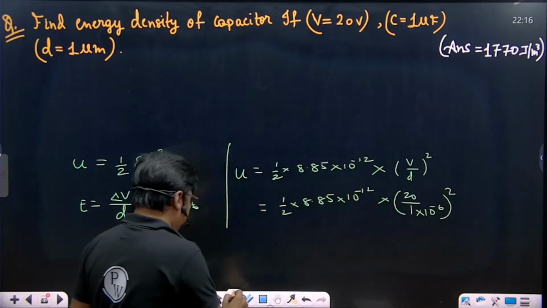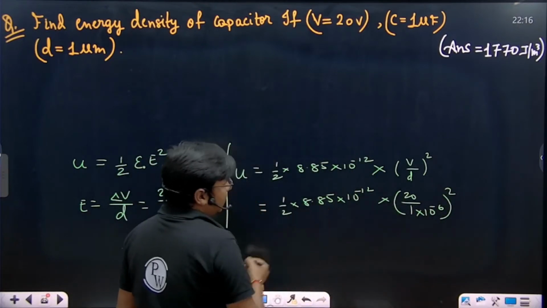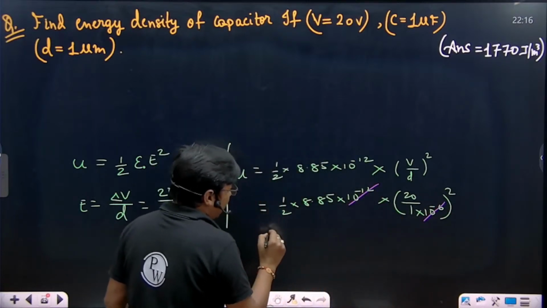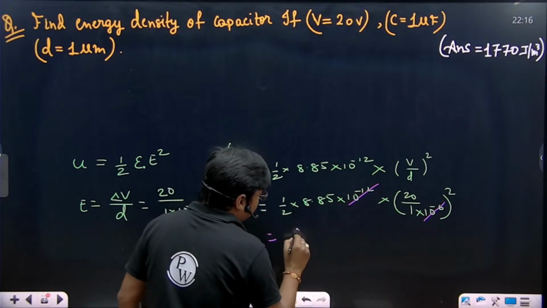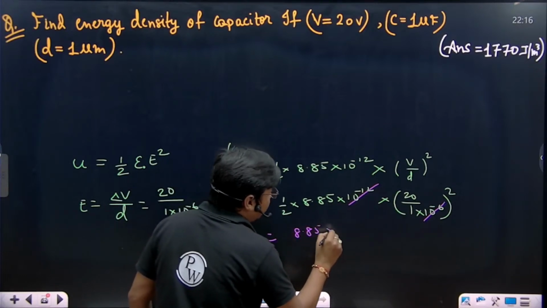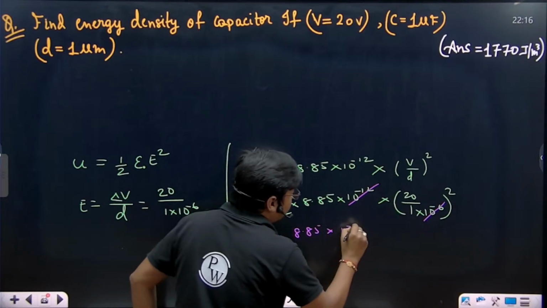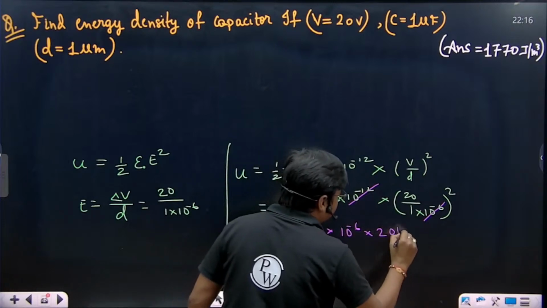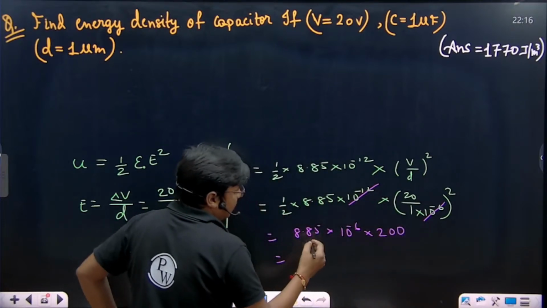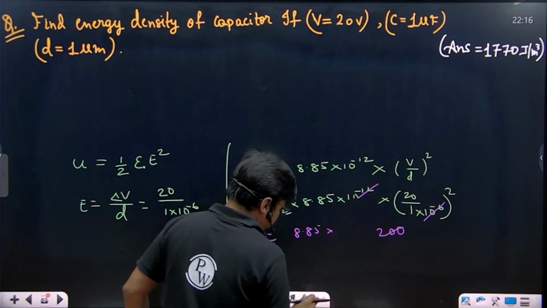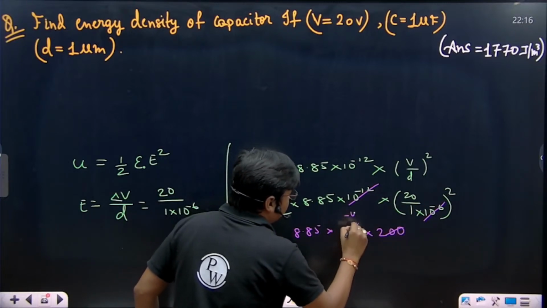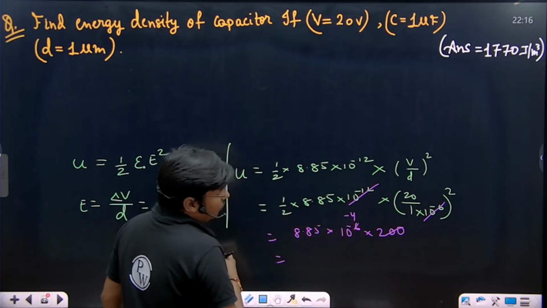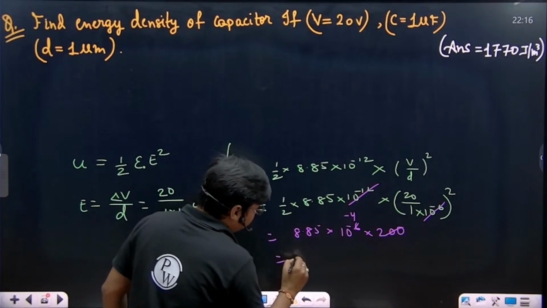Let's calculate what we got. This will be 10 to power minus 12, so this cancels, and you have the answer as 8.85 into 10 to power minus 6 into 400 by 2, that is 200.